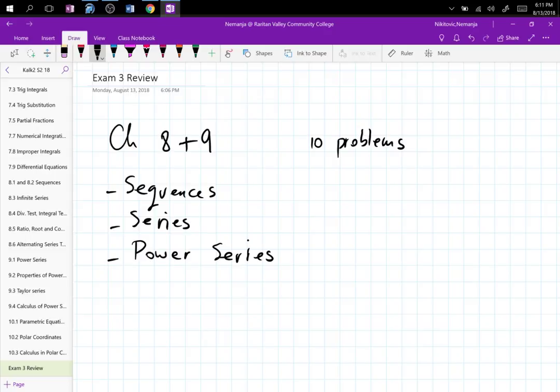So 10 problems. Some might have A and B, and so on. The most important part is to know the contents of that sheet, which I distributed in class, with a chart of all series tests, all 10 of those.